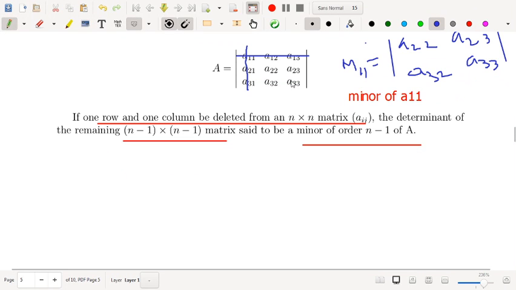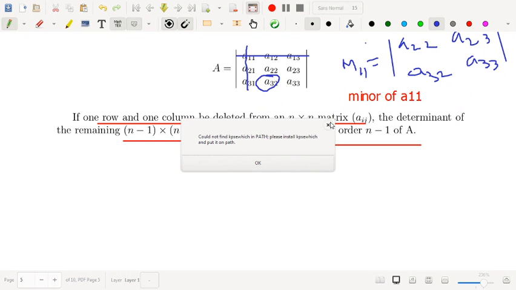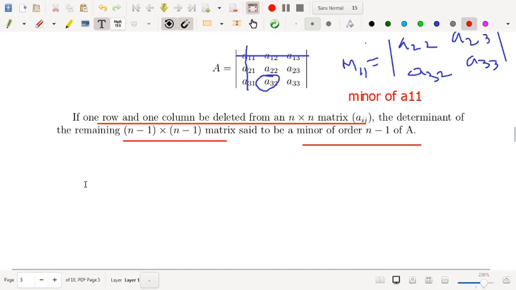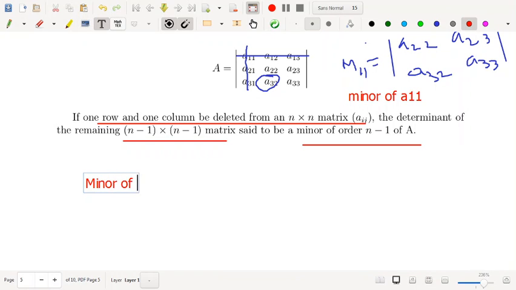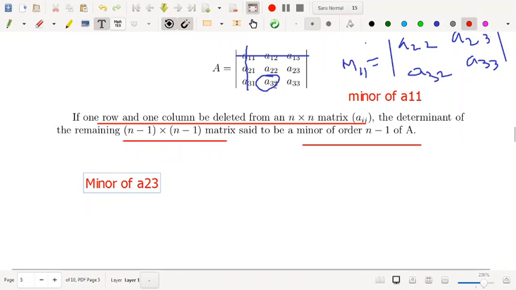Also suppose you want the minor of A32. Let me write that first: the minor of A32.